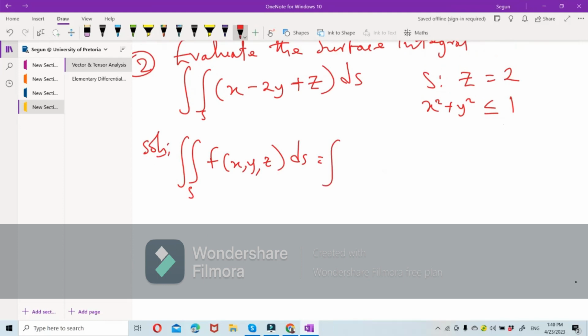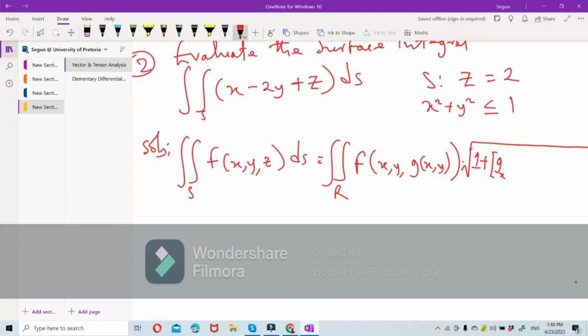It's the same thing as the integral over the region of f of x, y, g of x, y, multiplied by the square root of one plus g subscript x, that is the partial derivative with respect to x, of x, y, all squared, plus the partial derivative with respect to y, of x, y, all squared, dA.